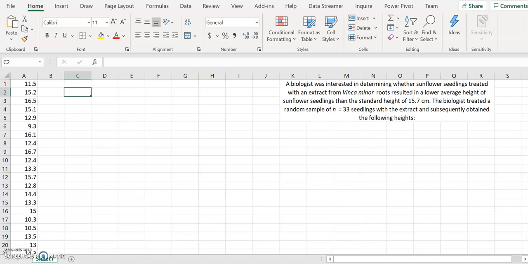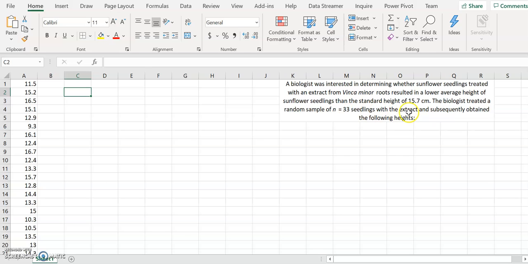Okay, and so what we want to do is conduct a one-sample t-test. Now, the phrasing of this problem is a little unusual because they don't say the mean height was 15.7, but the standard height. But what they mean here is the mean. N equals 33 is probably good enough if you wanted to use the z-test for a sufficiently large sample size, although bigger is better.